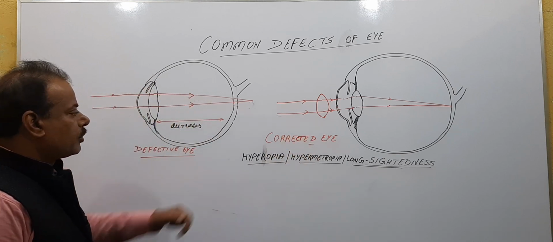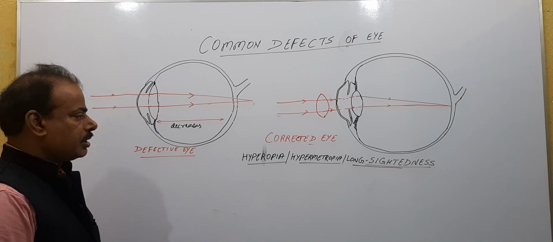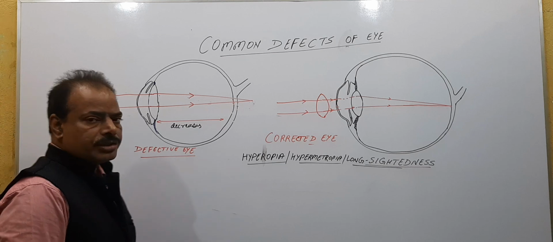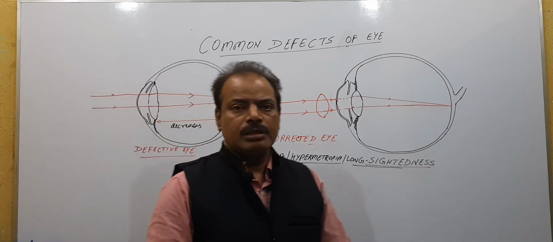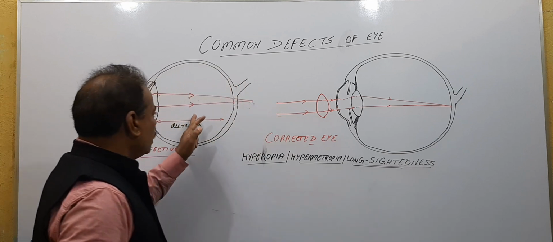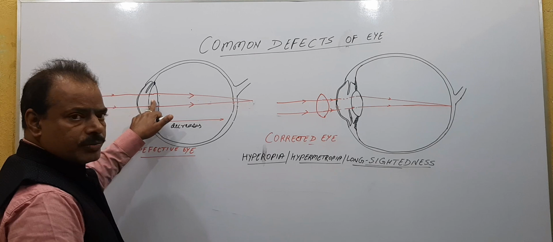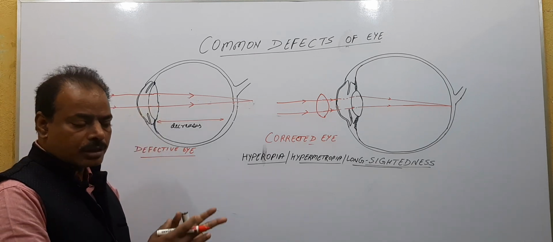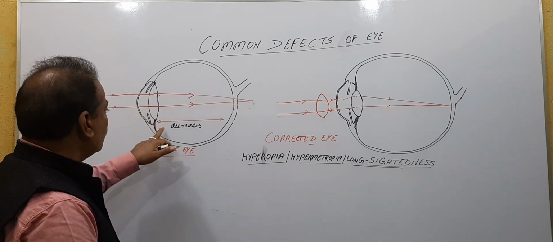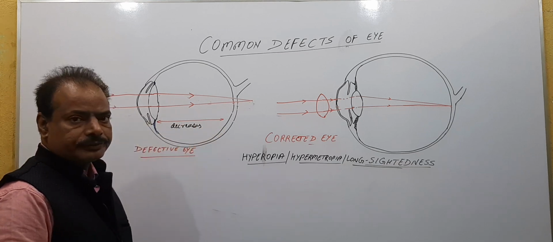Once again, hyperopia or hypermetropia, long-sightedness or far-sightedness. In this condition, a person can see far objects clearly but can't see near objects. It is caused due to two possible reasons. First is the lens becomes less convex, and second, the length of the eyeball from front to back decreases.